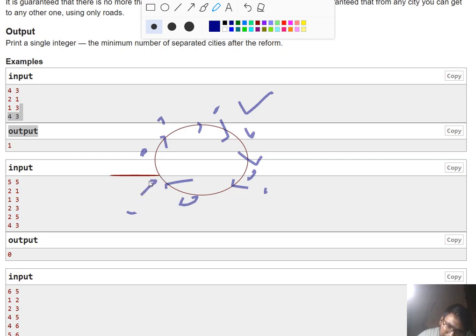This junction over here has integrity one. This cyclic system has non-separable nodes.